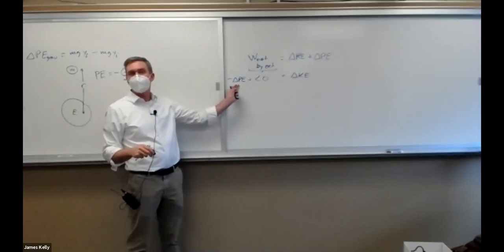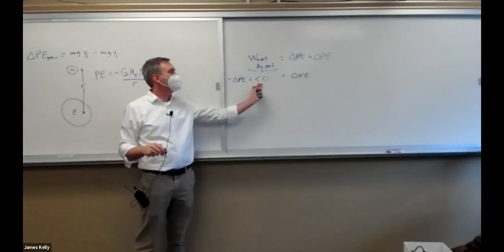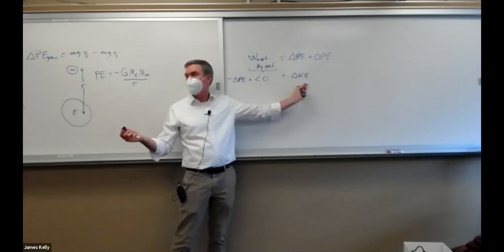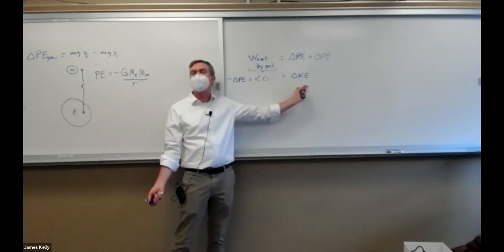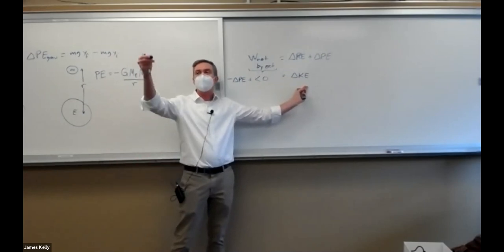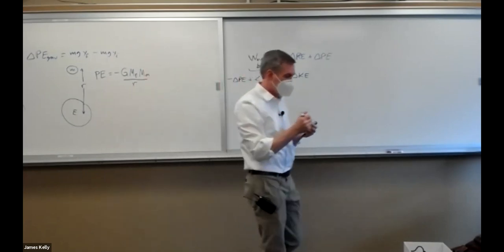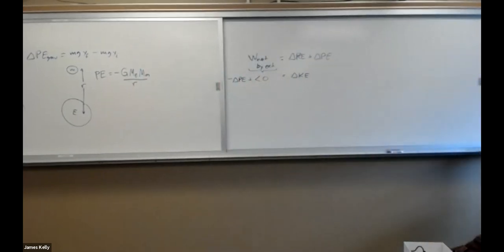So I've got a negative thing here, and I'm adding a little bit more of a negative number onto it. So it's going to slow down even more than you would have thought. And that makes sense, right? If I put air resistance in there, for a certain change in height, it's going to slow down even more by the time it gets to that height, because the air resistance is helping slow it down just like gravity was.